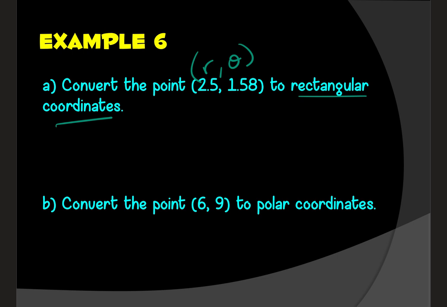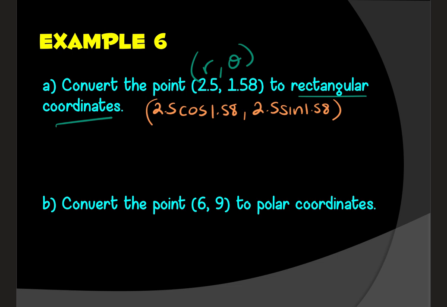Now, there's two ways to do this. The long way, if you don't know how to work your calculator, is to do what we've been doing: r times cosine theta and r times sine theta. So 2.5 times the cosine of 1.58 and 2.5 times the sine of 1.58. This one honestly doesn't take that much longer.